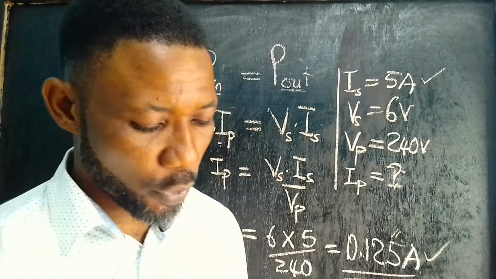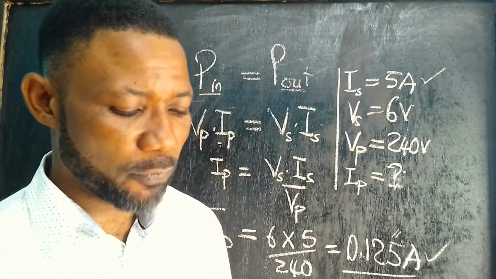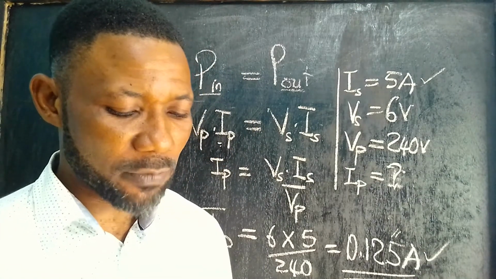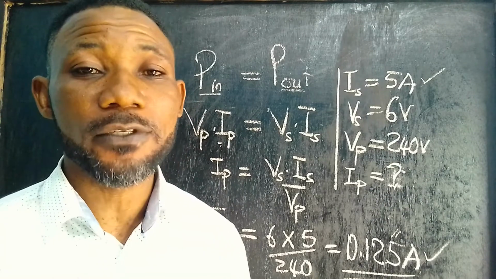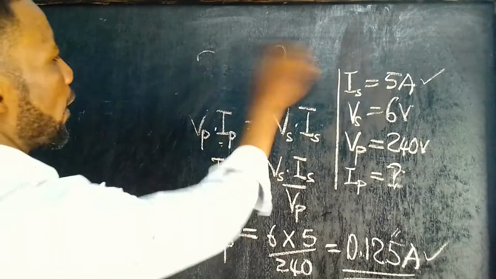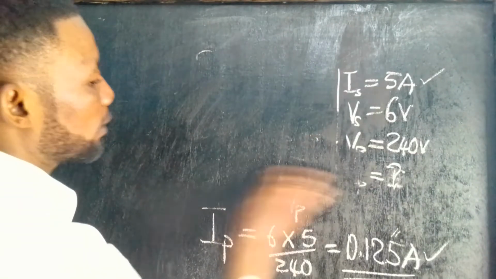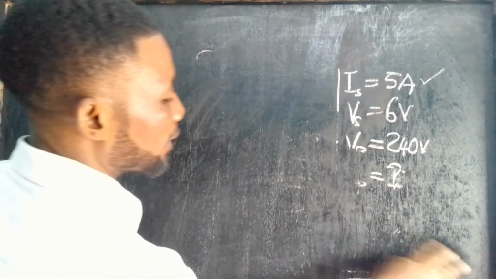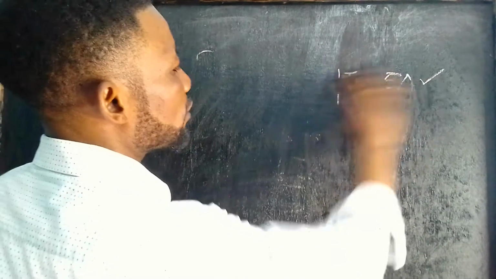Now we have a question to solve. A car of mass 1000 kilograms is traveling at a speed of 60 meters per second. We are asked to calculate the momentum of the body.